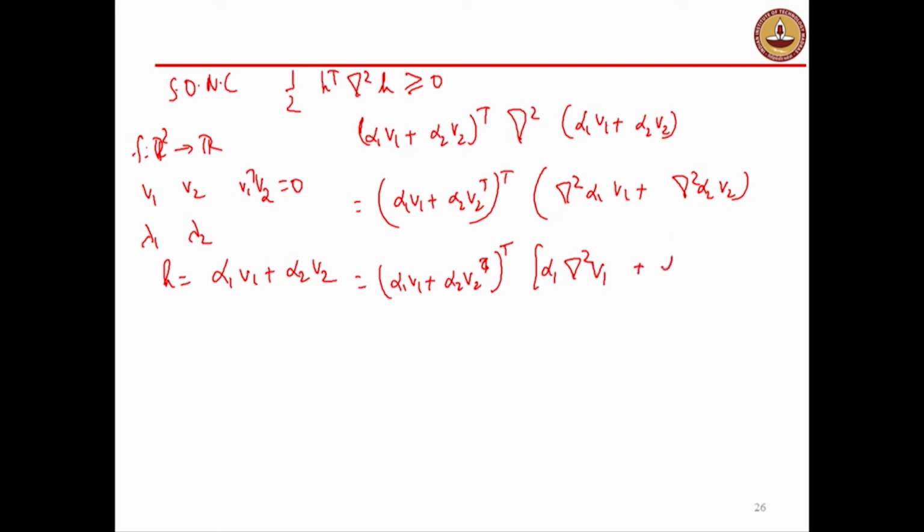Likewise, alpha 2 is a scalar. This is a Hessian times the eigenvector. A matrix times an eigenvector is equal to the eigenvalue times the eigenvector. So this is alpha 1 lambda 1 V1, and the Hessian times V2 is alpha 2 lambda 2 V2.